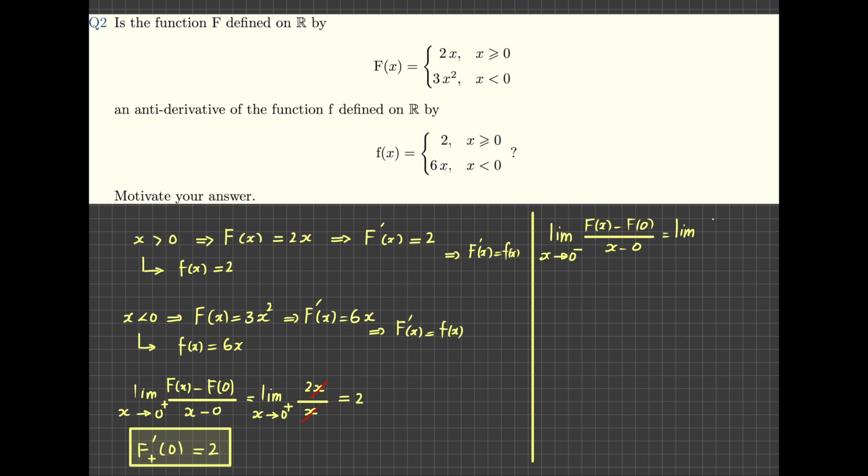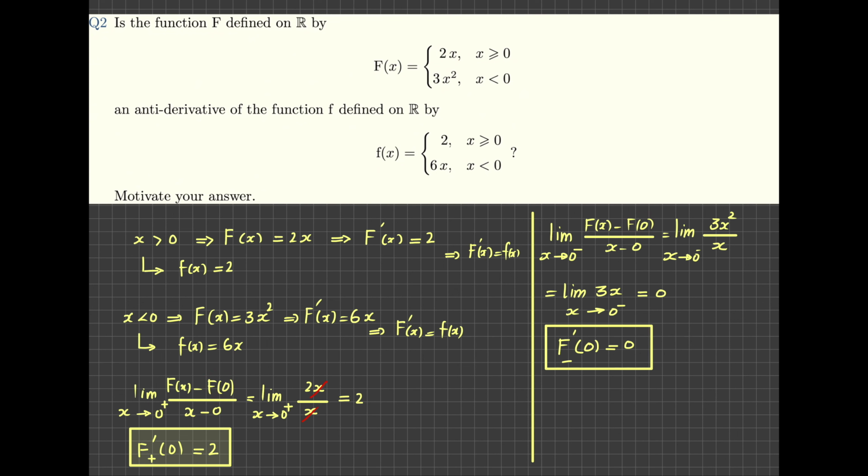Instead of capital F of x, I put 3x squared, minus 0, so I don't write anything, and then the denominator is x, and x approaches 0. If I simplify x from the numerator and the denominator, I will have the limit of 3x as x goes to 0 from the left-hand side, which becomes 0. So this tells me that the derivative of capital F at 0 from the left-hand side also exists, but it is equal to 0.